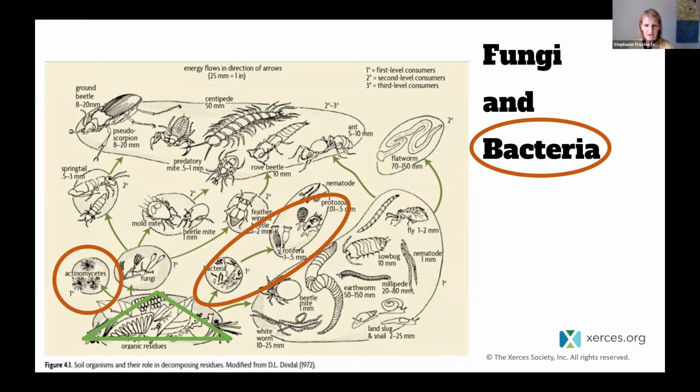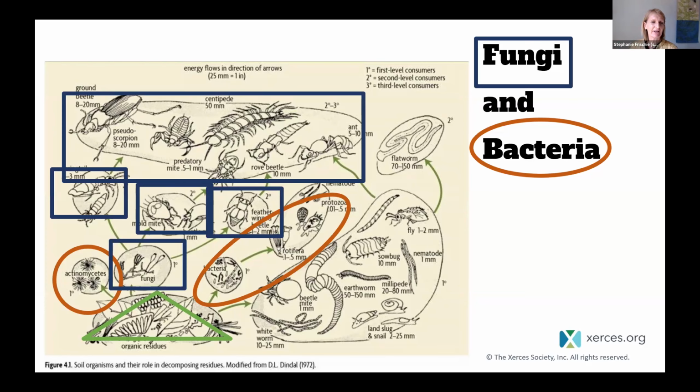And then additionally, the fungi, looking at the blue rectangles where they connect with the organic residues, are really what then become food for groups like springtails, mites, and other smaller soil invertebrates here. And then we get to the top layer.